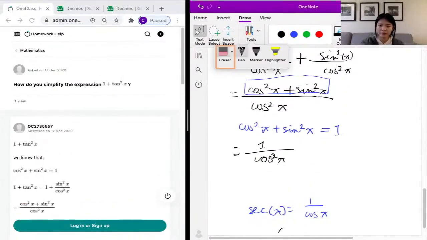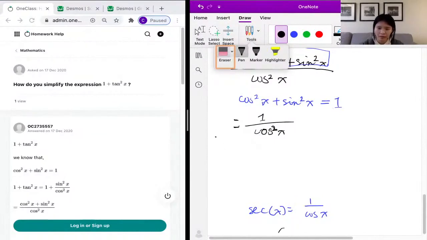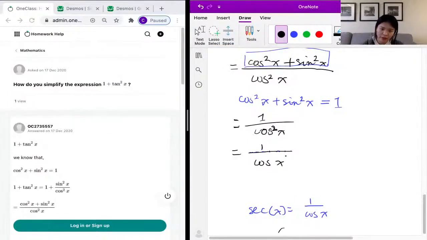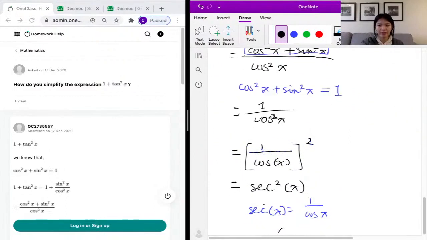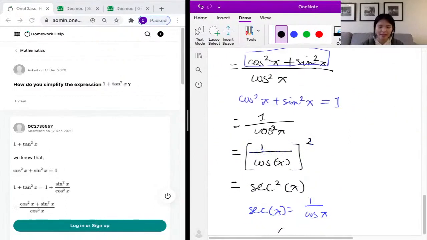So we can also write 1 over cos squared x as 1 over cos of x, squared. And since secant of x is equal to 1 over cosine of x, this is the equivalent of secant of x squared. So this is how we simplify our expression of 1 plus tan squared x, and we arrive at a final result where 1 plus tan squared x is the same as secant squared x. Perfect, that's how I simplify it.